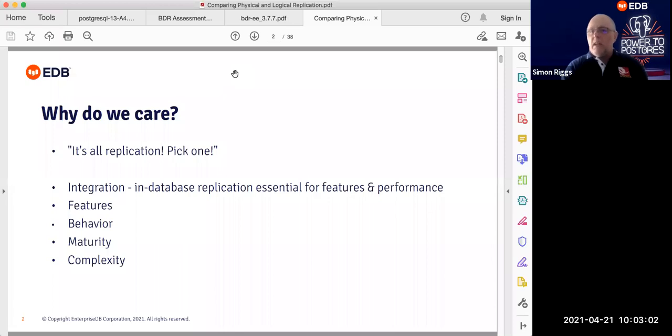It might say it's protecting your database, and it probably does do that, but it's missing out on quite a few features and performance that you get from properly integrated replication. So there's a very good reason why we spend all of this time writing replication features in the database, and it's not just an operating system feature. Okay, so we're going to talk about the features and the behavior and the maturity of these replication techniques.